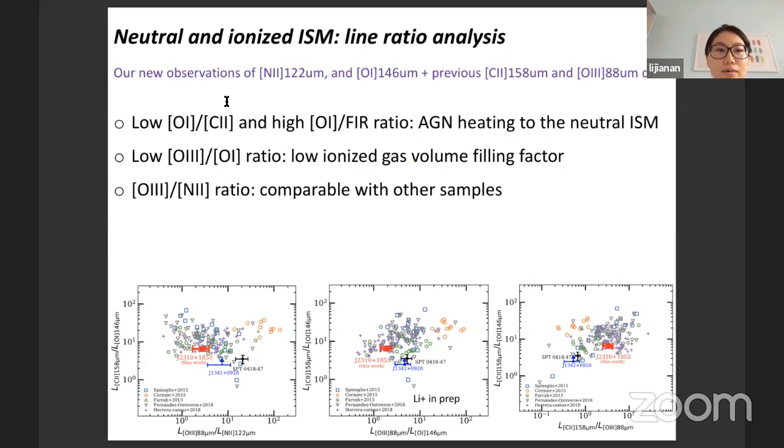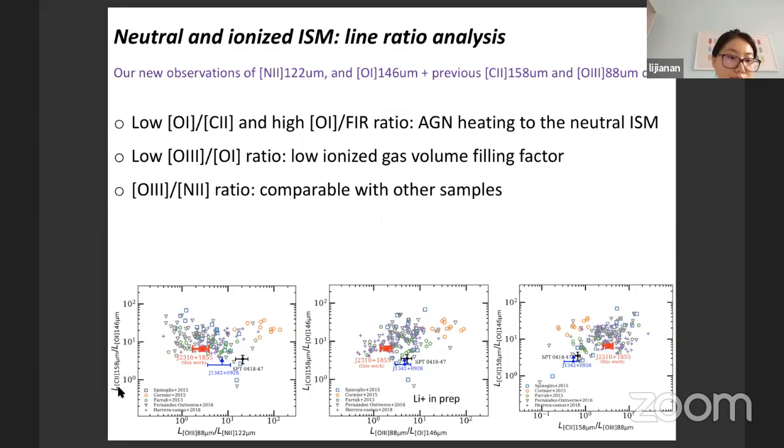And from our new observations of the ionized and neutral gas, complemented with previous C+ and oxygen-3 lines, we are able to use these line ratios to probe the physical conditions of the neutral and ionized gas.